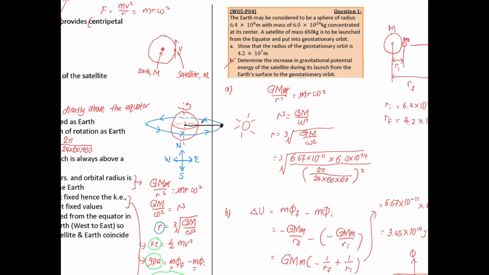By doing so, we press the calculator and you will get 4.2 times 10 to the power of 7 meter. So we managed to show the value. So it's a fixed value. You just need to memorize the working and just work it out accordingly.